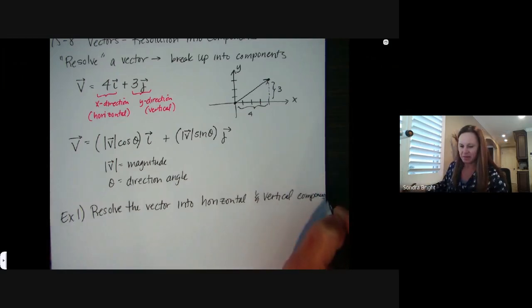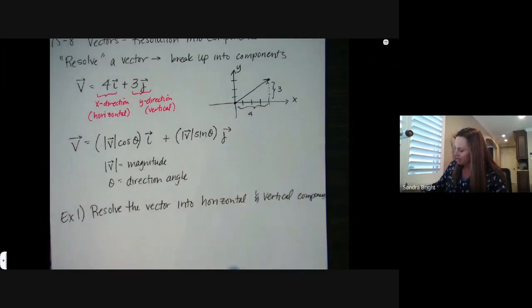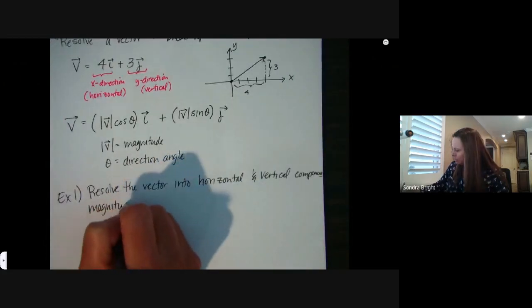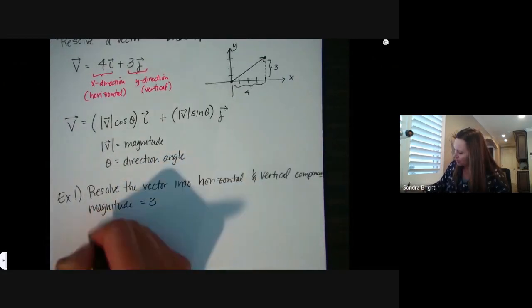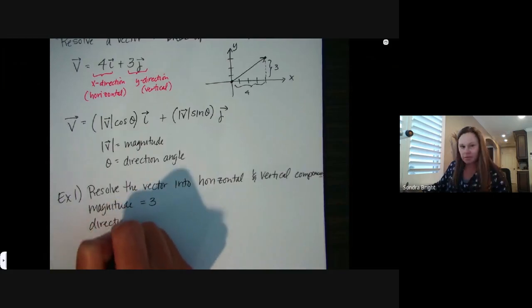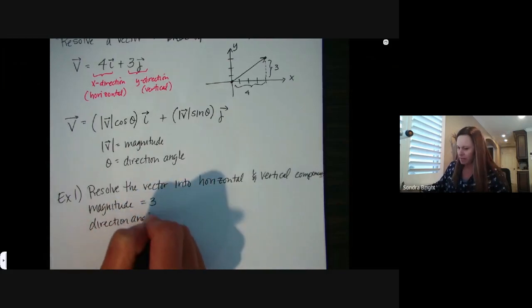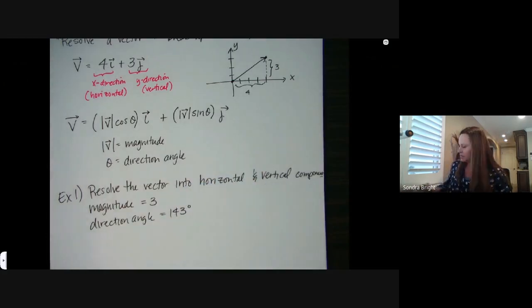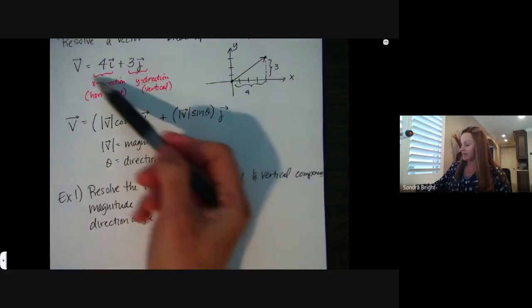Where they give us that the magnitude of the vector is 3 and the direction angle is 143 degrees. All right, so they gave us the magnitude, they give us the direction angle, and they want us to resolve the vector into its horizontal and vertical components. So they want us to turn it into this ij notation like that.